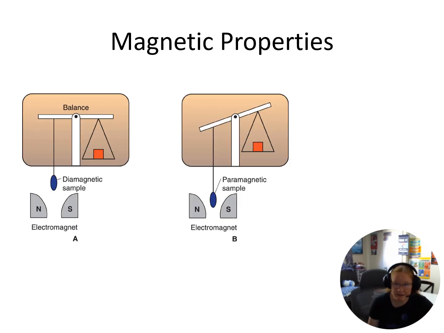Here is a diagram. Diamagnetic, there's my electromagnet, and here we've got no unpaired electrons. And there's my paramagnetic sample. I'm going to rewrite this.